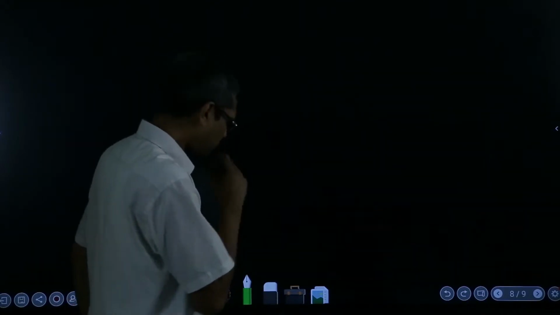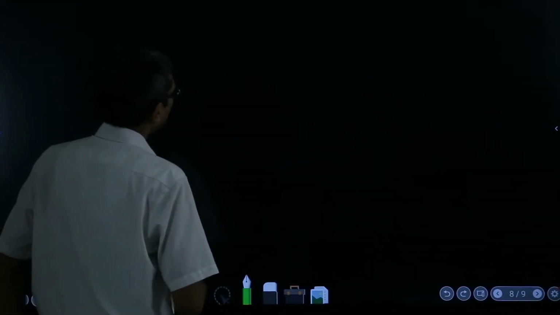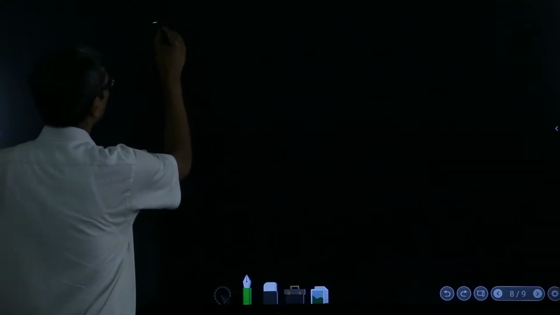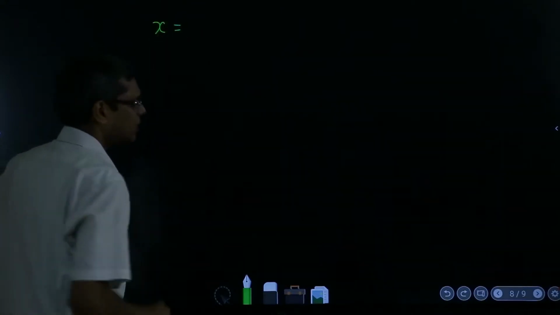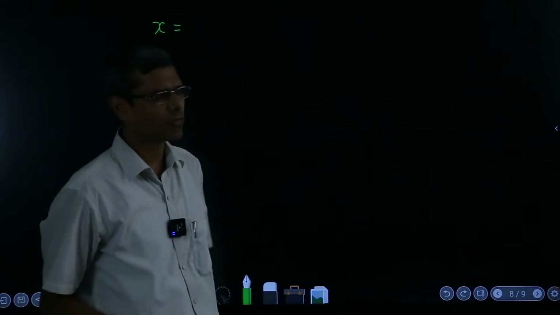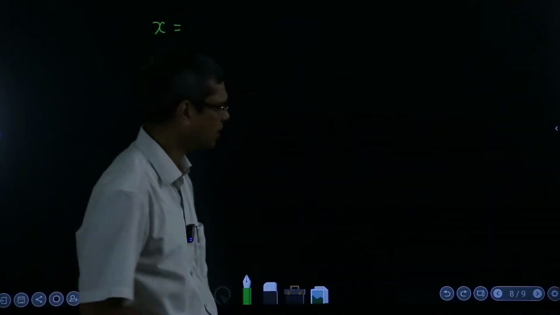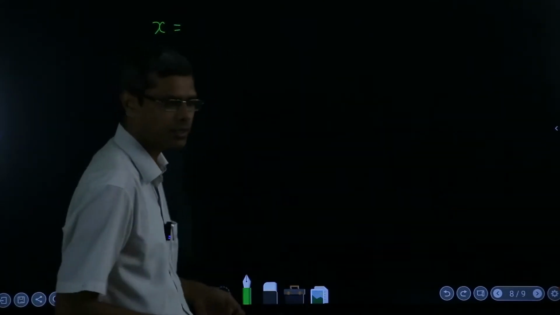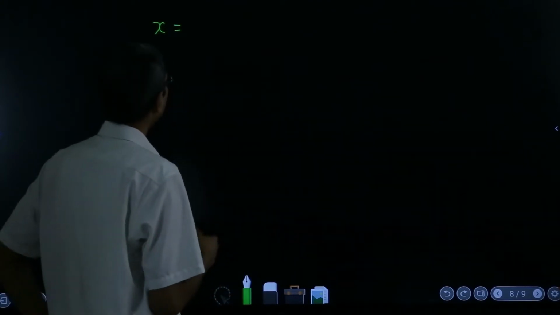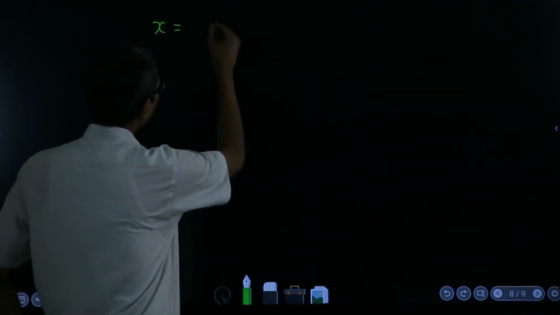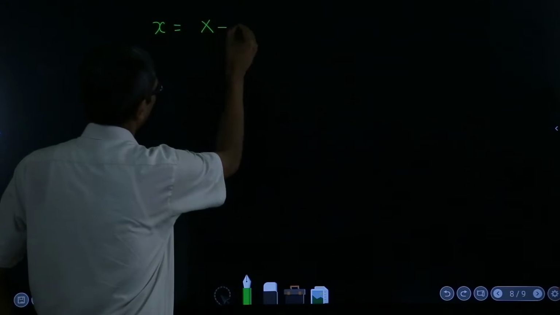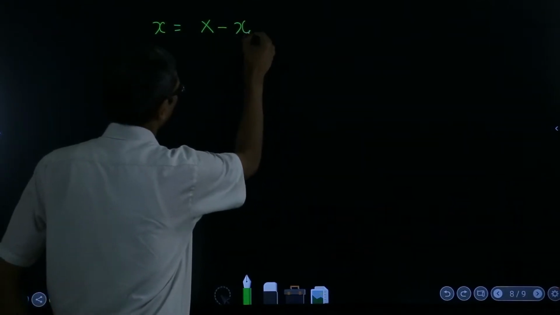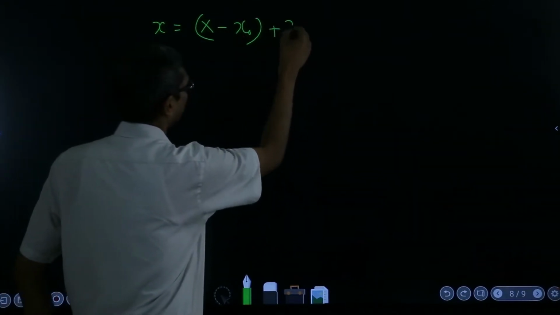Now, for that, suppose x is your location at which you are sitting for the Eulerian data collection, and you can write it like this: x minus x naught plus x naught.